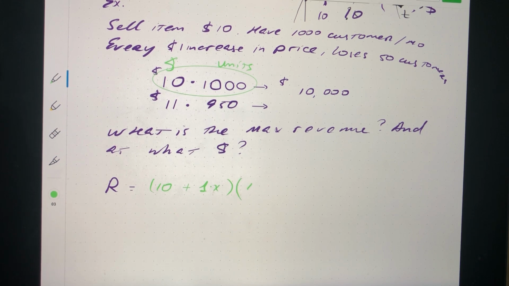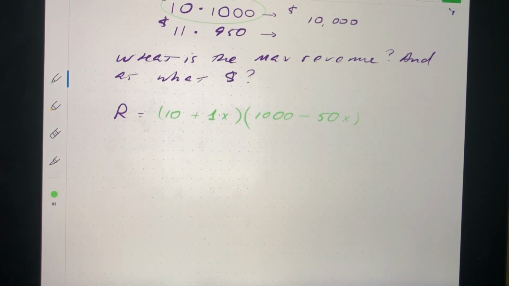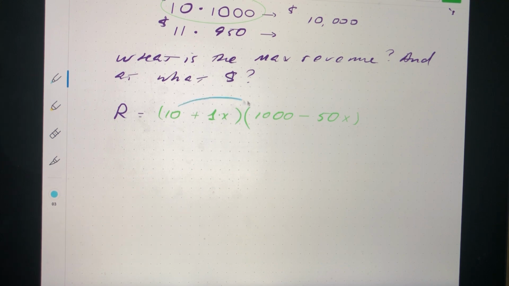On the other hand, we start off with 1,000 customers, and each time we increase the price by $1, we lose 50 people, so we're subtracting 50. That's our revenue. Now, to solve this by hand, we need to simplify it, which means we will have to multiply this equation out. And 10 times 1,000 makes 10,000.